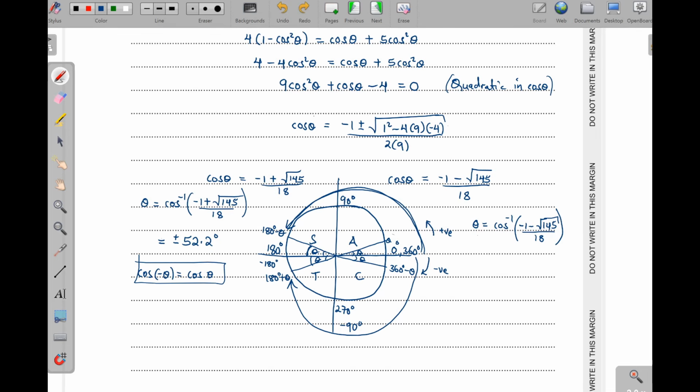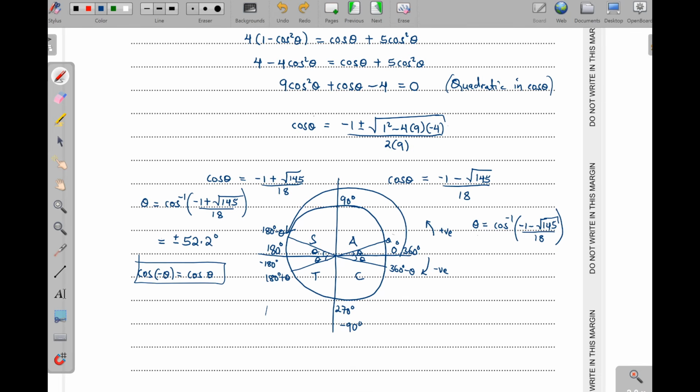And also, these are two quadrants where cosine is negative. So in the second quadrant and also in the third quadrant. So I would get 180 minus theta, that is if I ignore the negative and get the acute angle. And the other one will be 180 plus theta. So I would get an angle in the second quadrant and an angle in the third quadrant. You get that?